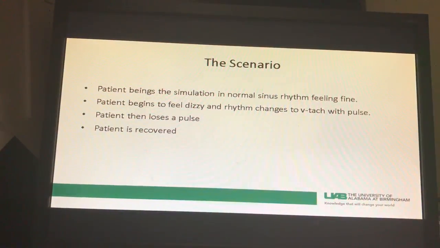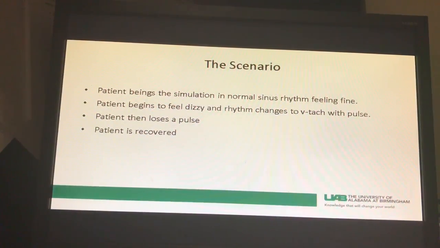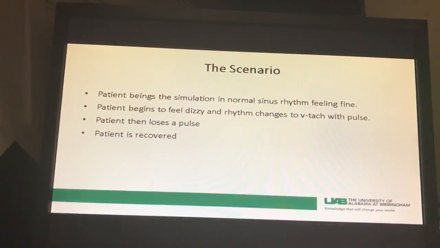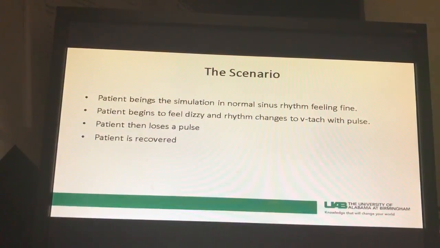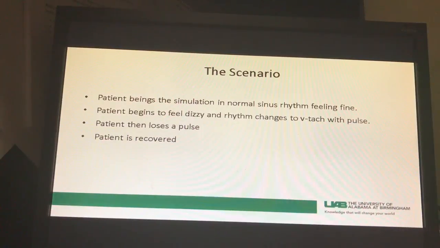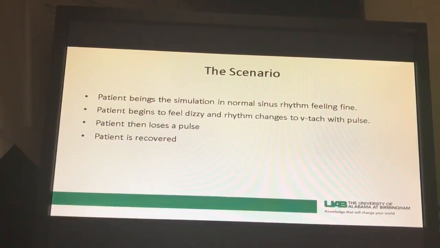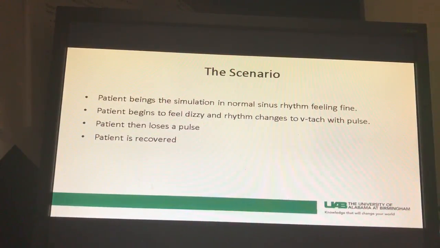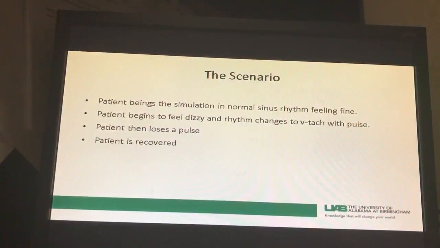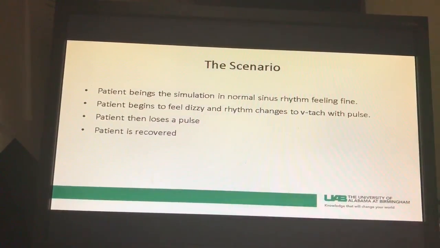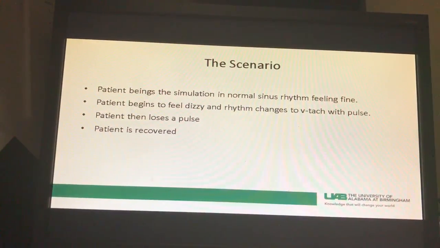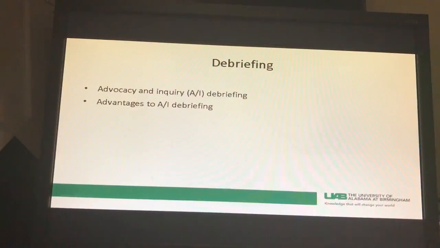And depending on the progress of the students or how they do, the patient will either come back to a normal sinus rhythm with good blood pressure, everything, or he will come back to a bradycardia rhythm with some low blood pressure if they could have done something a little better. And at that point, the scenario will be ended.